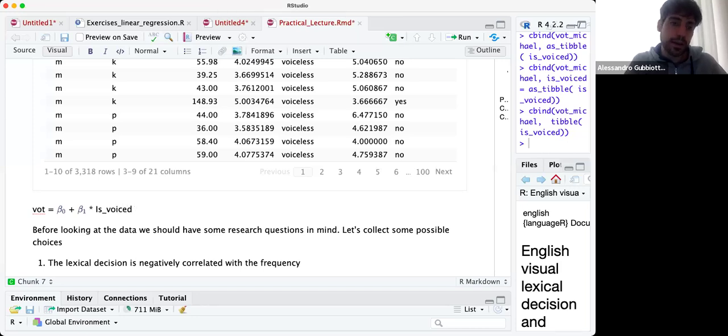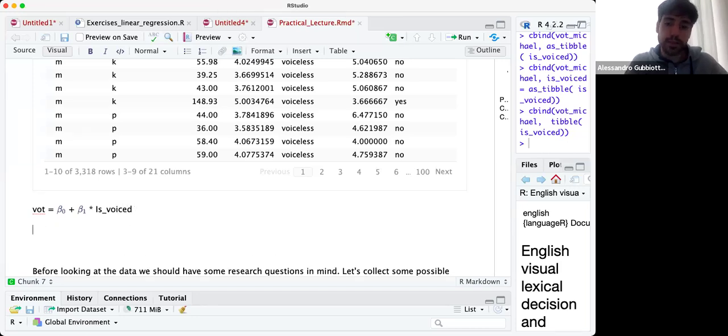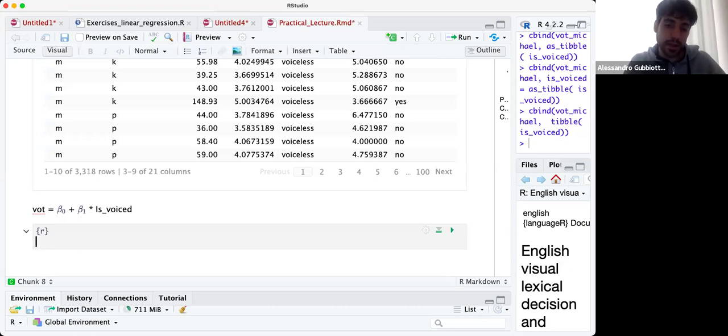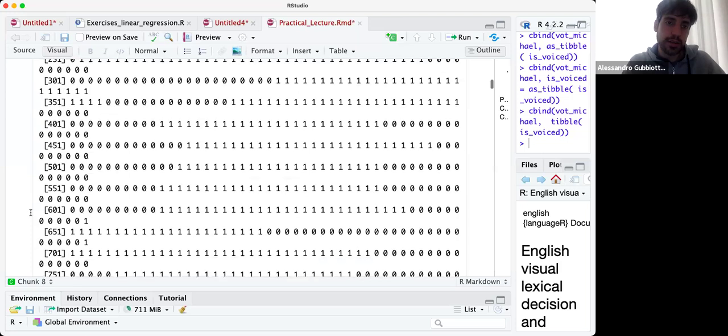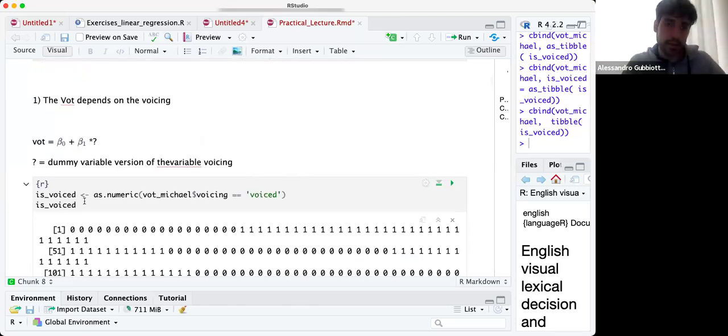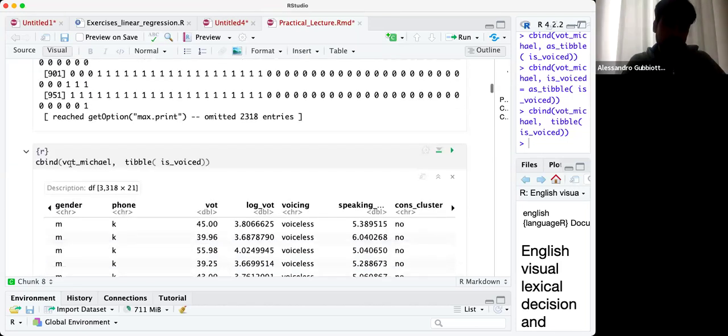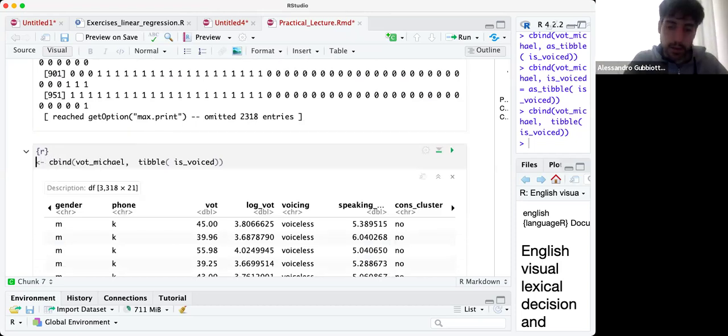We can estimate this beta 0 and beta 1, and the code is really easy. Let's save this data frame into augmented vocal onset time of Michel.